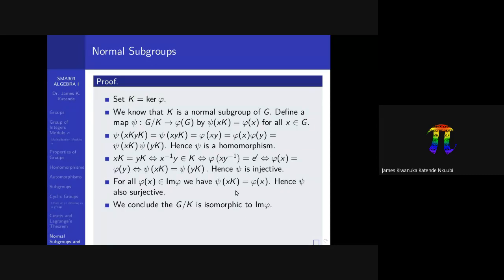This is a very useful theorem, a very important theorem in algebra. If you choose to study algebra, you will encounter this a lot. It will be used in a number of places. So it's one very important theorem to master.